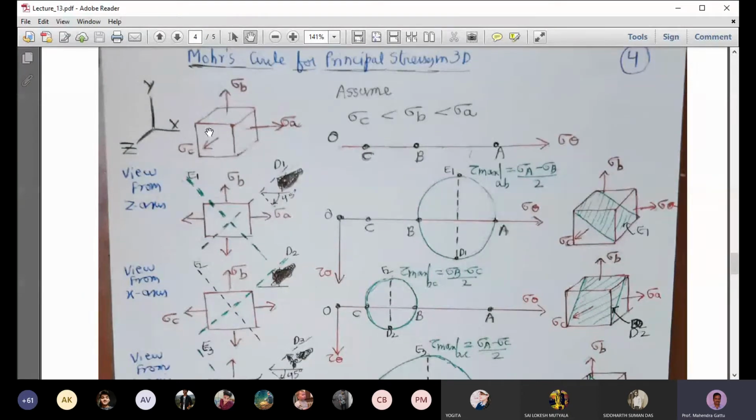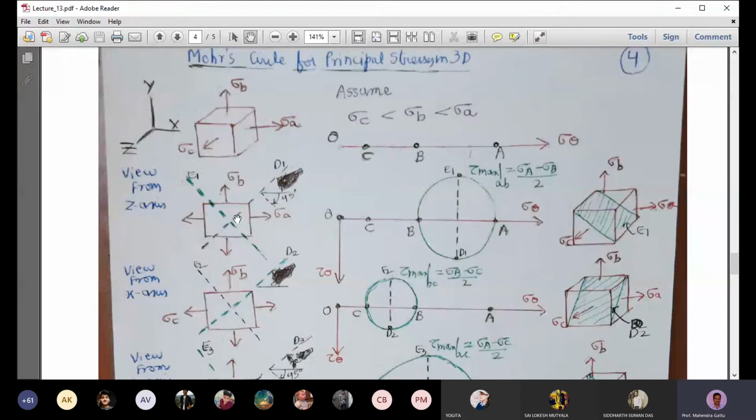First, we look at the stress element from the Z axis. So what we will see is only sigma B and sigma A, and that is what is sketched here. Now we are rotating this stress element with respect to the Z axis.